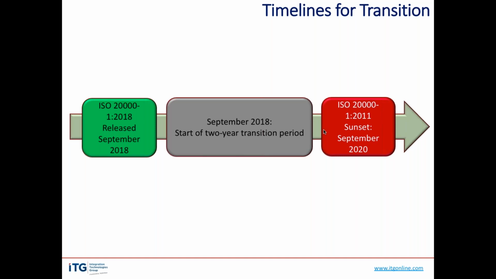The easiest thing to do, the most effective thing to do, is certainly have conversations with, if you're working with us, ITG, and your certifying body, or if you don't have a certifying body yet and you want to start the process, certainly contact us and we'll start helping you make that transition and looking for an effective timeline and when it makes sense for you and your organization to transition to the new standard.